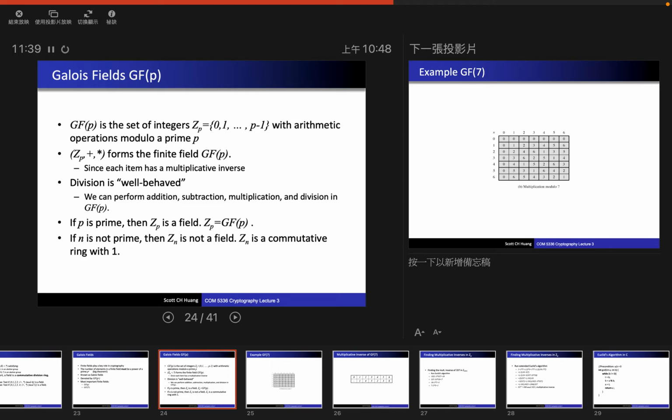So, if P is prime, then it's always guaranteed that P will be relatively prime with every non-zero element.